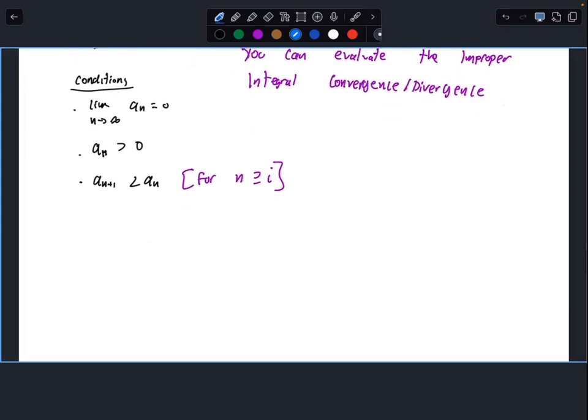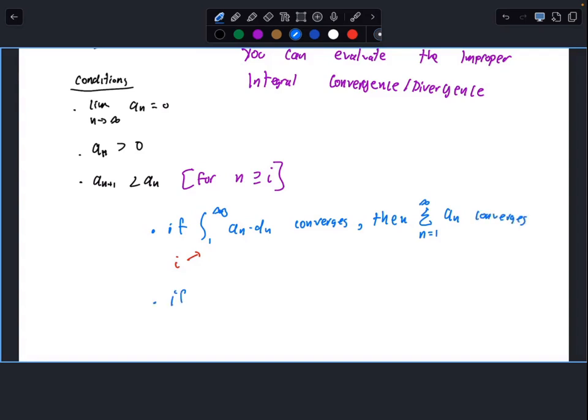And all the integral test says is that, after you state these facts, if the improper integral from 1 to infinity of a sub n d n, and of course you can just change it to a function of x dx, which is most common, converges, and it would be basically the same proof, you'd add 1 plus and so forth, then the series from n equals 1 to infinity of a sub n converges.